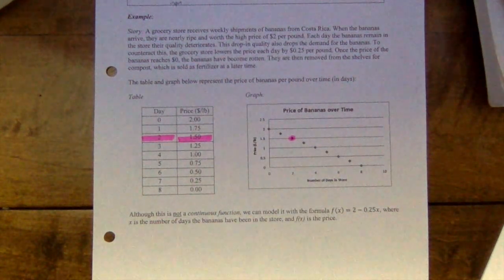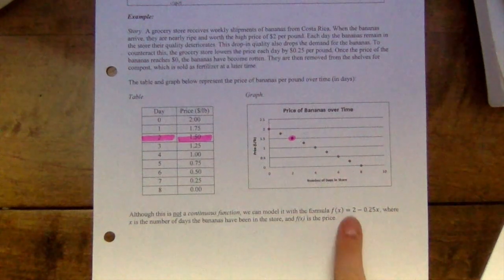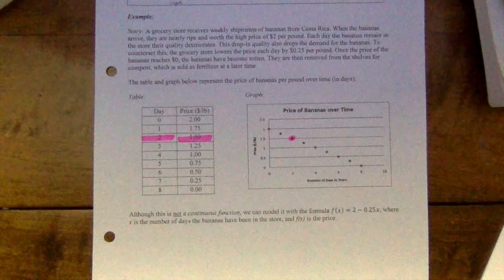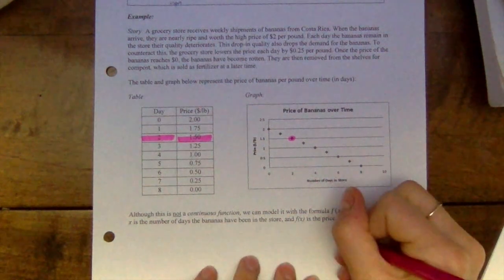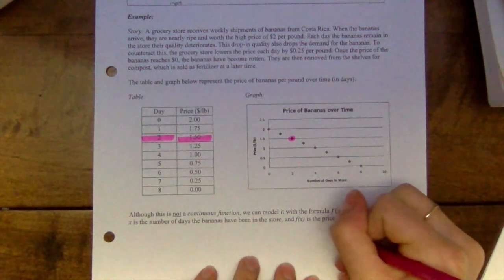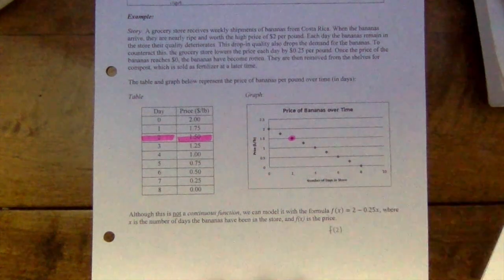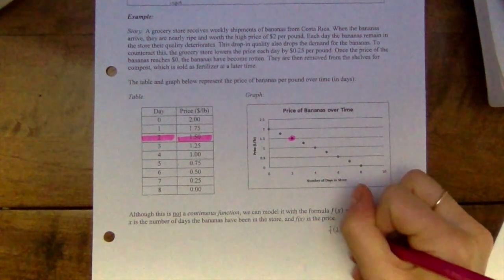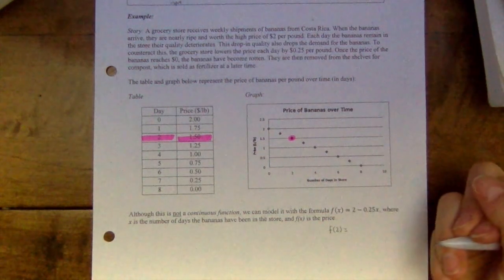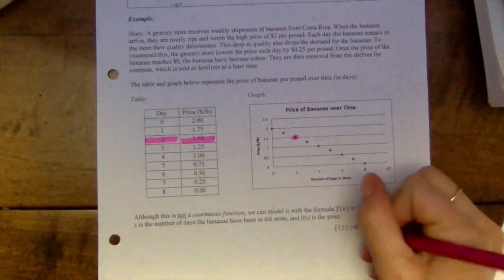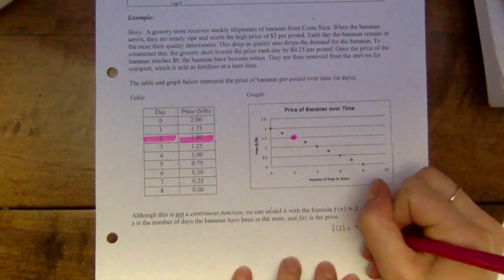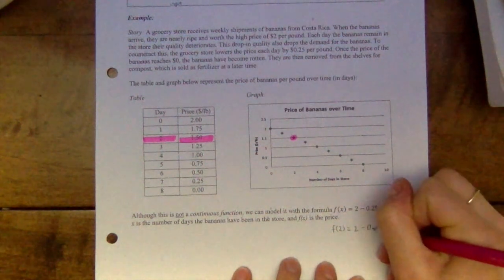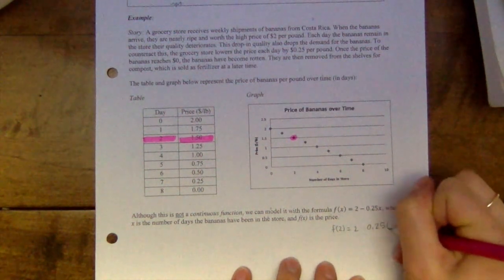And the third way that we could do this would be to use the formula that's given at the bottom of the page. We could plug the 2 in for x, because that's what it's asking us to find, the value of the bananas in terms of dollars per pound 2 days after bananas have been sitting in the store.